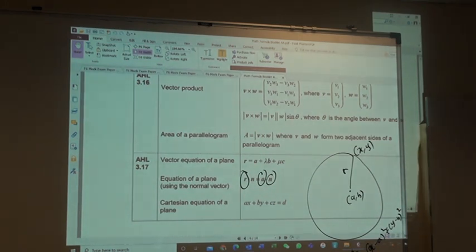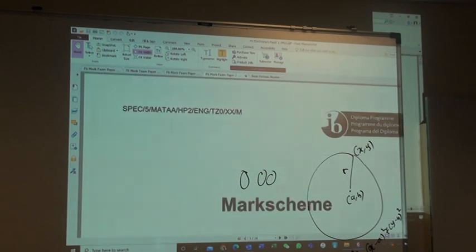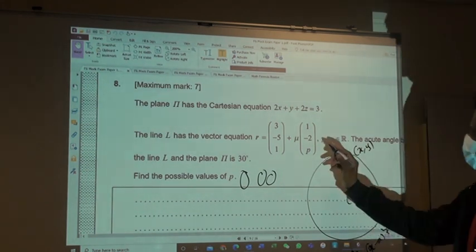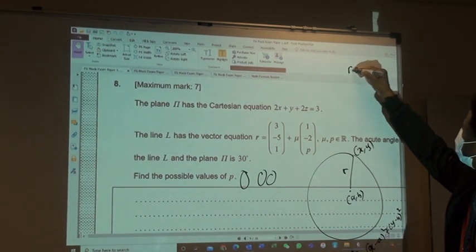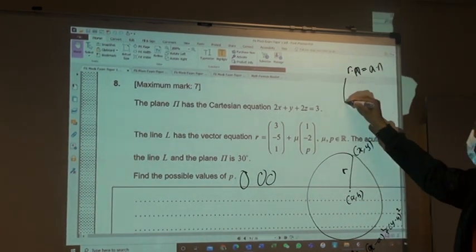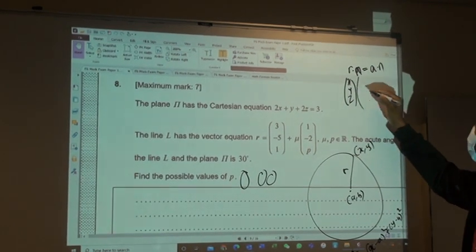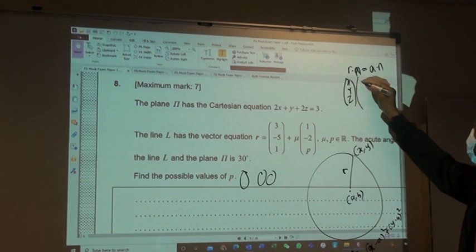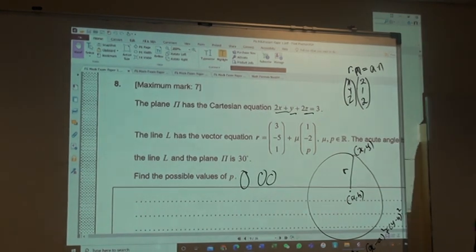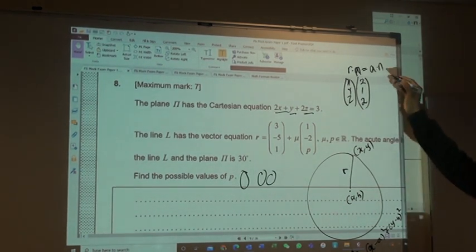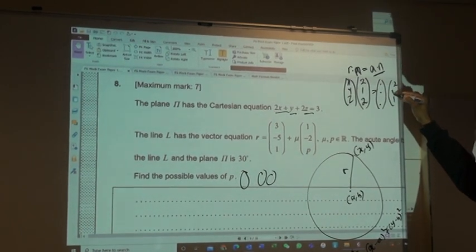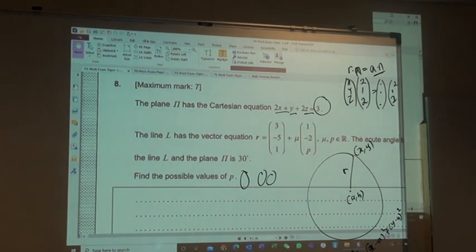Once you are able to see that, using r.n equals a.n, this is your x, y, z. This is the normal. So the normal in this case is 2, 1, 2. That is why you have 2x plus y plus 2z. For the a.n, this is a known point multiplying the 2, 1, 2, and that's what led to this 3.